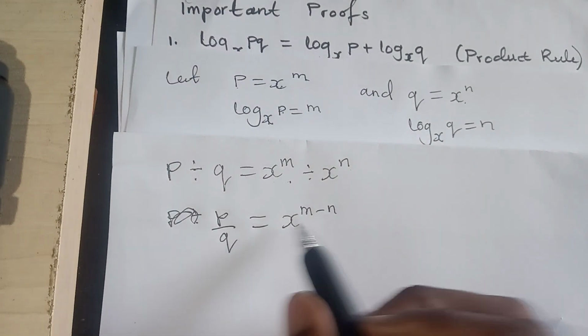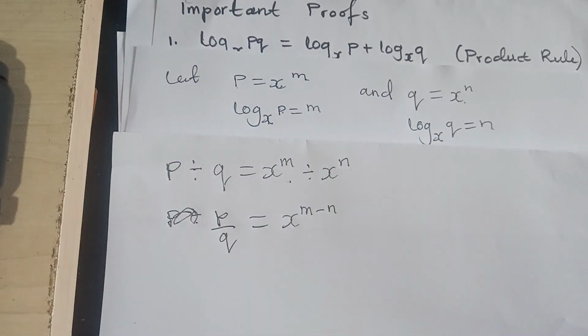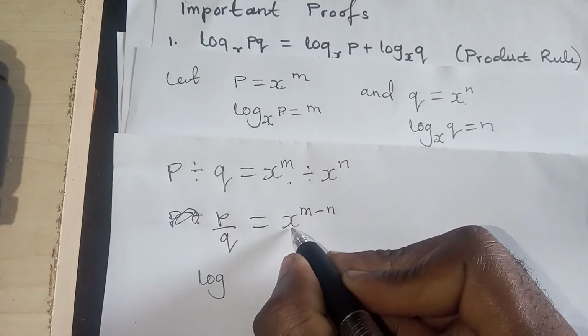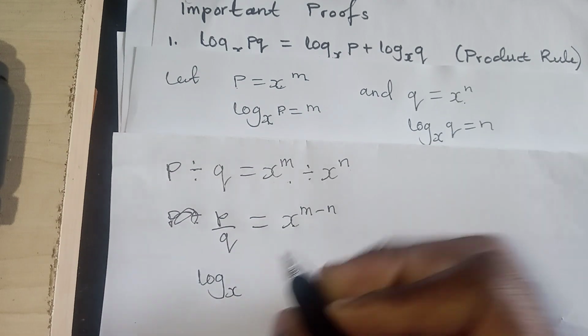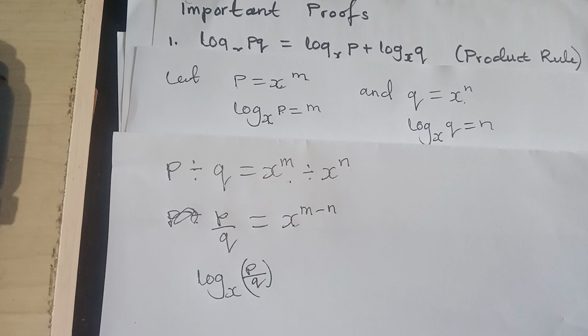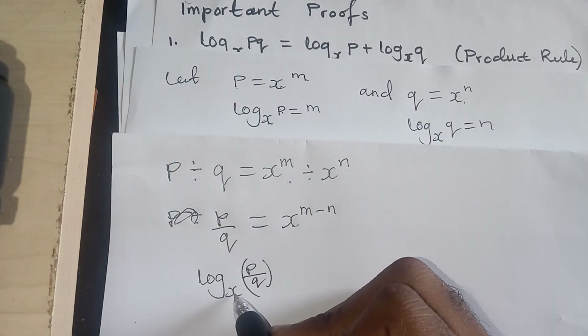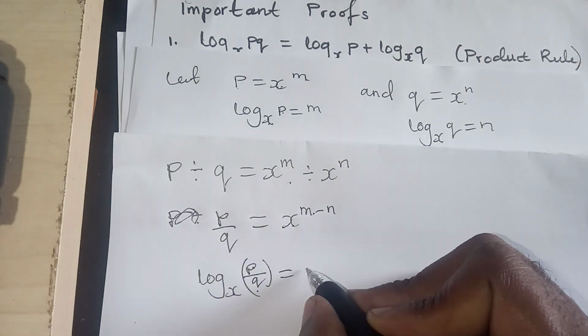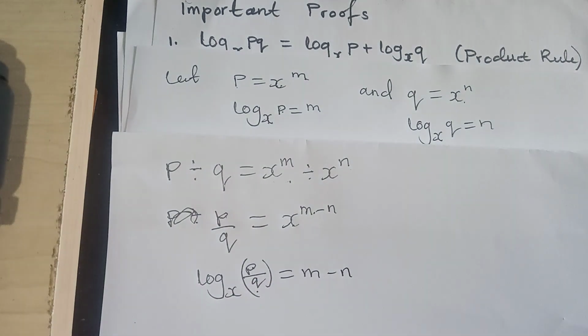And then now you can convert this to log form. So this one will be log, the base is x, this we have. So in short, to what power should you raise x to get p over q? And the power is m minus n.